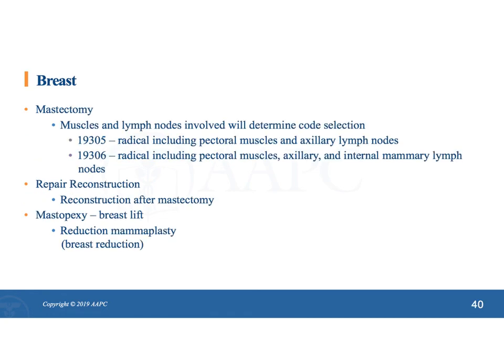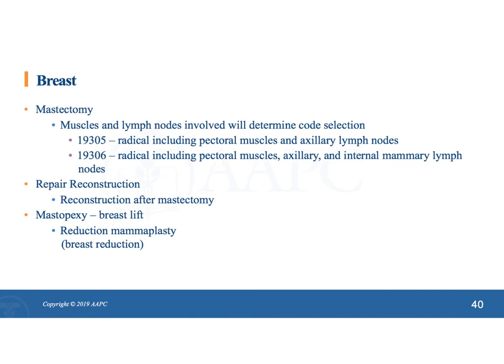Mastectomy procedures are found in code range 19300 to 19307. You will need to read the operative report carefully to determine which, if any, muscles and lymph nodes were involved, since that will determine the code selection.